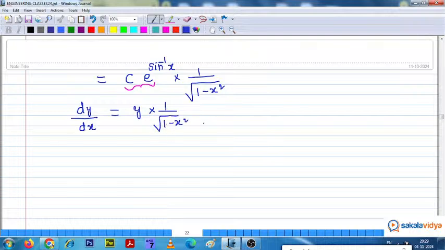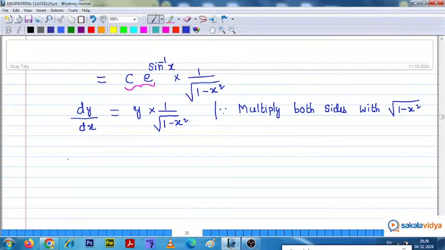So, multiply both sides with root of 1 minus x square. What do we get now? Root over 1 minus x square times dy by dx equal to y.